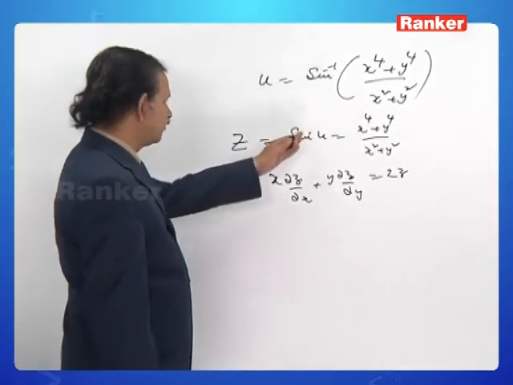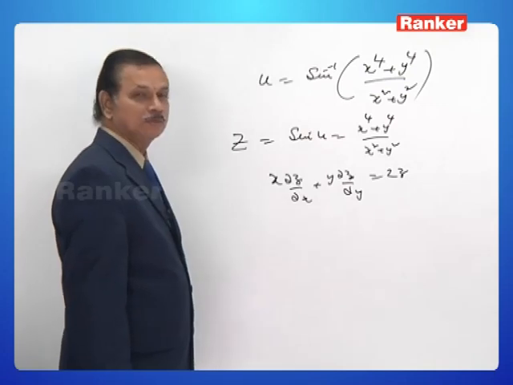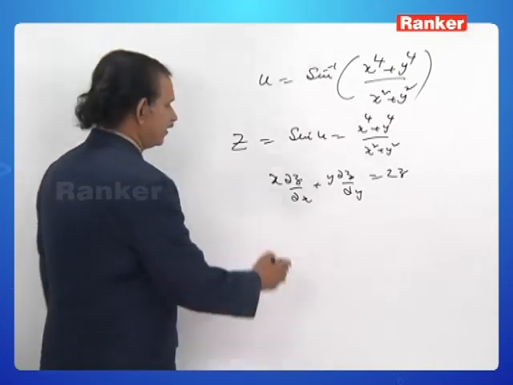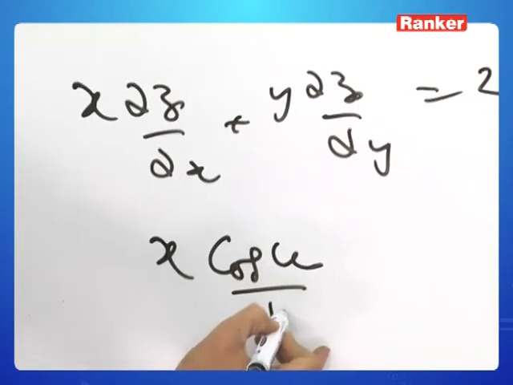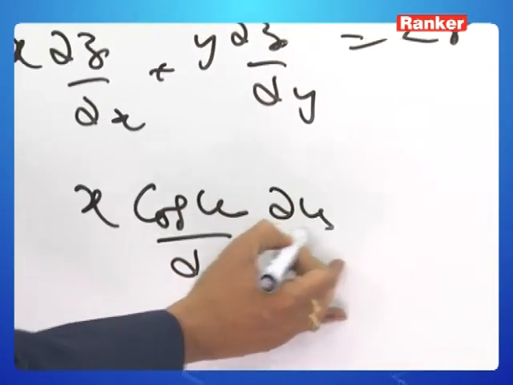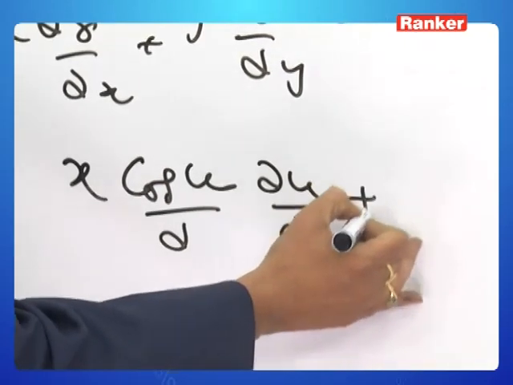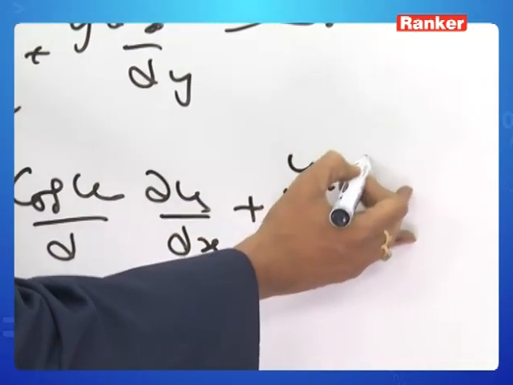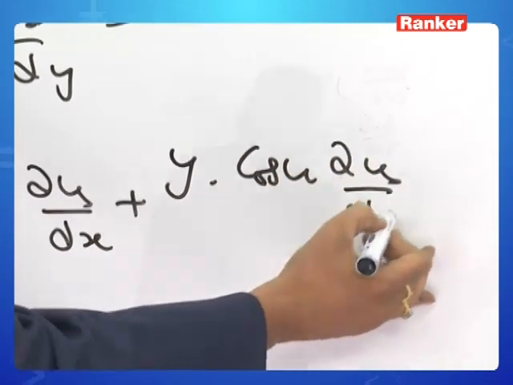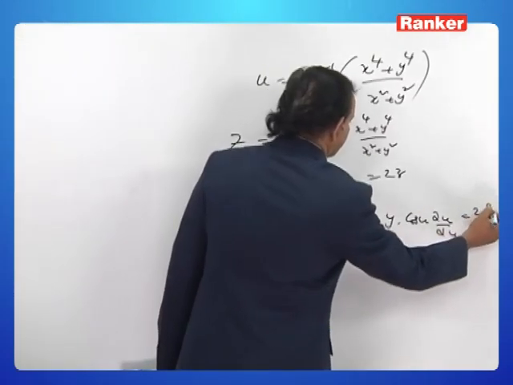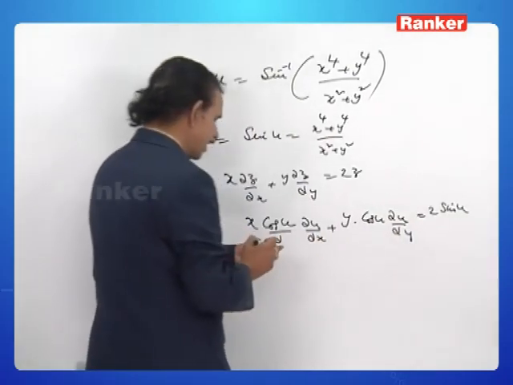What is dou z by dou x? Z is nothing but sine u, so it is cos u into dou u by dou x. So x into cos u into dou u by dou x plus y into cos u into dou u by dou y is equal to 2 sine u.